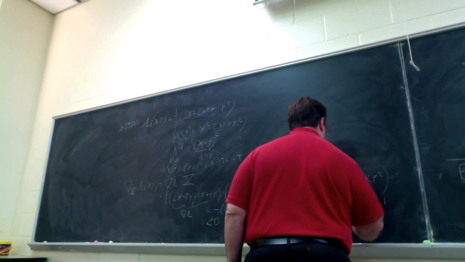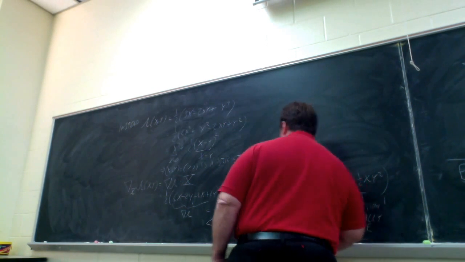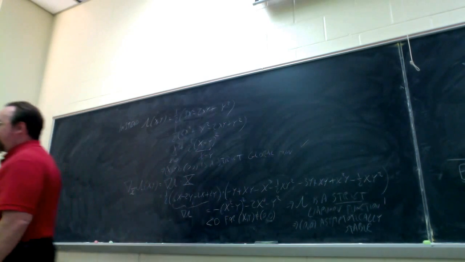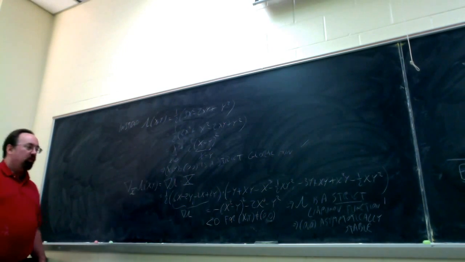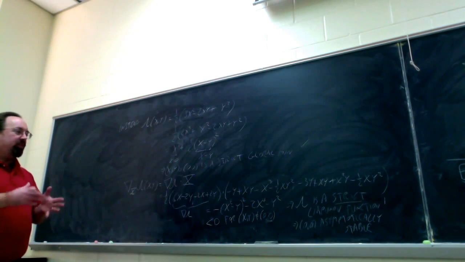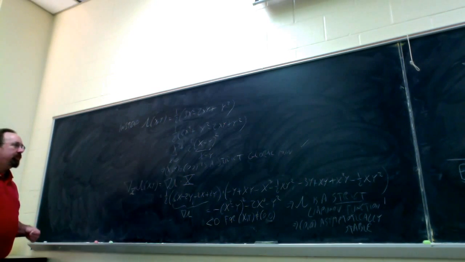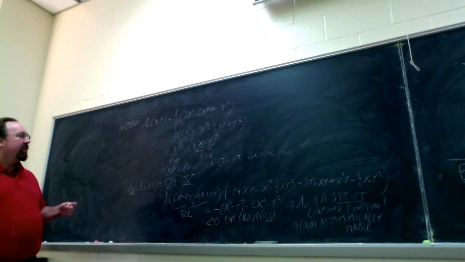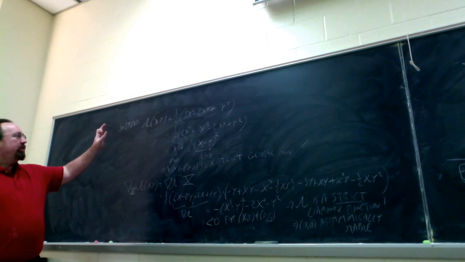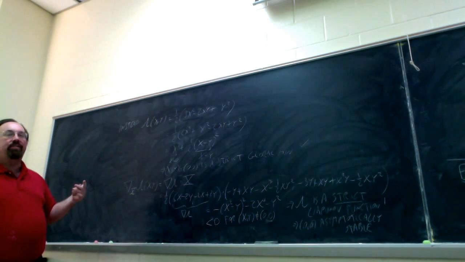In other words, it draws all nearby integral curves towards it as opposed to acting like a center. All right, so no orbiting, it's just a black hole, it sucks them all in. Okay, so that's how you check. In this case, the Lyapunov function is a nice enough form where you can factor it and recognize it as a sum of squares.